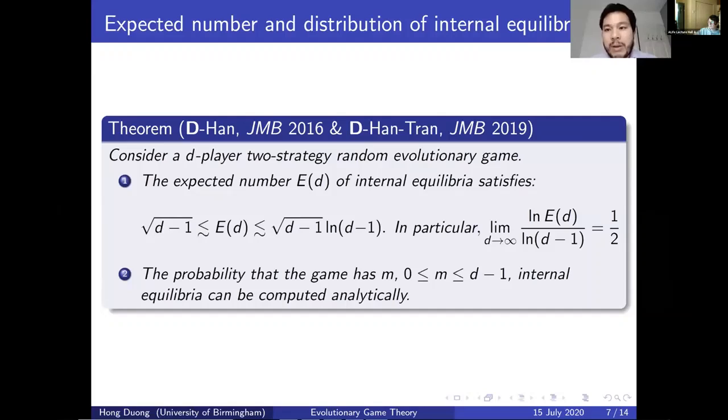In particular, we obtain the asymptotic behavior of the expected number of internal equilibria when d, the group size, tends to infinity. We can also characterize and compute the probability that the game has any m internal equilibria.